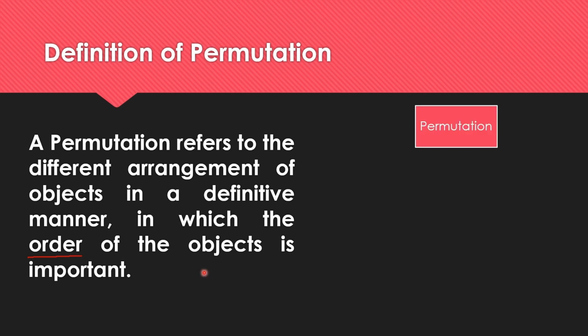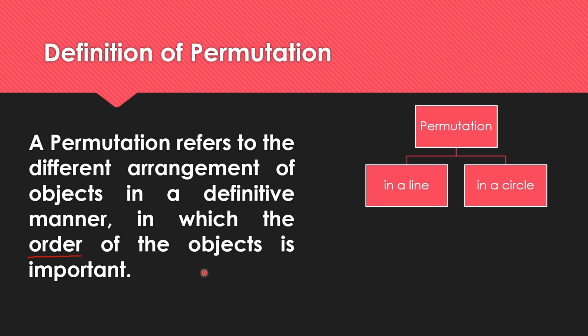So permutation is actually divided into two main groups, and this is how our discussion about permutation will also be going. Under permutation, there are permutations where the objects are arranged in a line, and we also have permutation of objects in a circle.